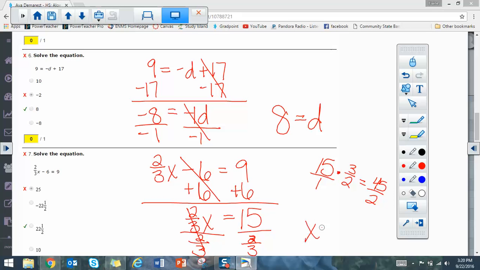So x equals 45 over 2. And it looks like they've changed 45 over 2 to a mixed number. 45 over 2 is 22.5.